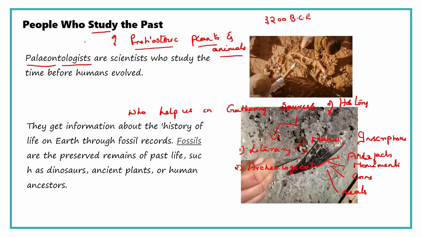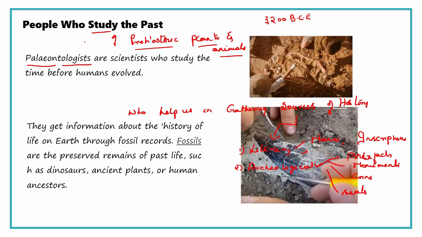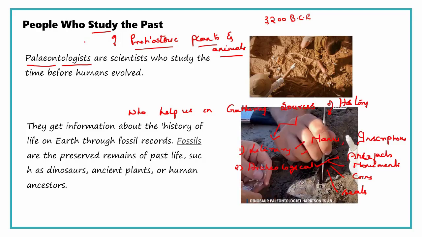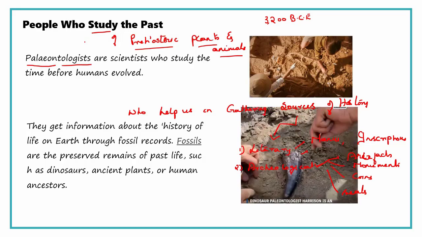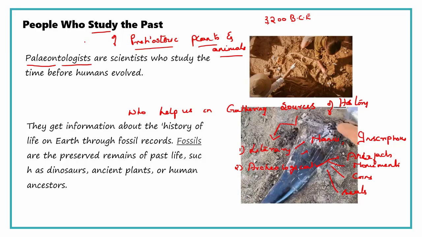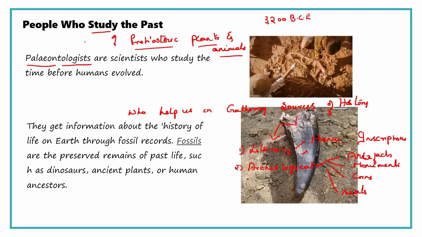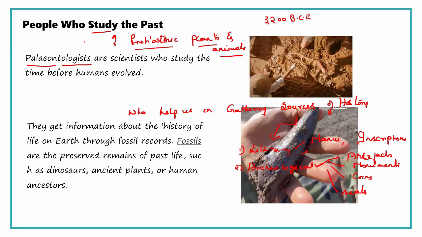Let us see what a fossil is. Here, see, they are digging. They are getting either a nail or a horn of an animal. He is a dinosaur paleontologist. He got one body part of a dinosaur.